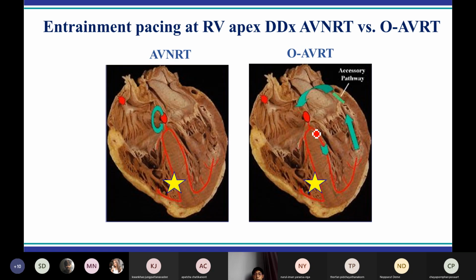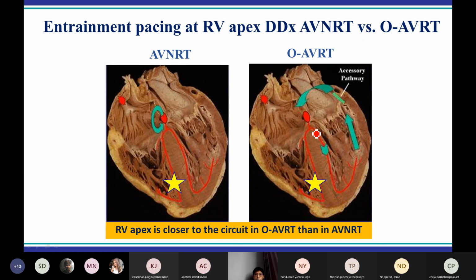This is the same as the last lecture: if we entrain or pace from the apex, the RV apex is closer to the AVRT circuit than the AVNRT. So the post-pacing interval would be shorter in the AVRT.